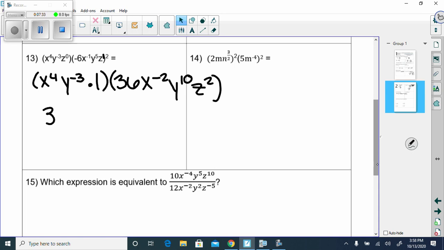So I have a 36, and I'm going to have x to the what? 2. 4 plus -2 is 2. Then y to the 7th, -3 and 10 is 7. There's no more z here. And even if you did leave it, it would be 0 plus 2, which is just 2. And yeah, we could multiply it by 1 because it became 1, but it doesn't change the answer.